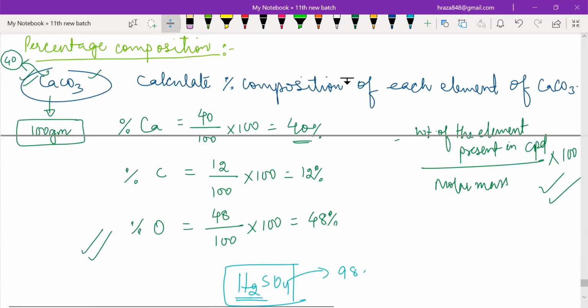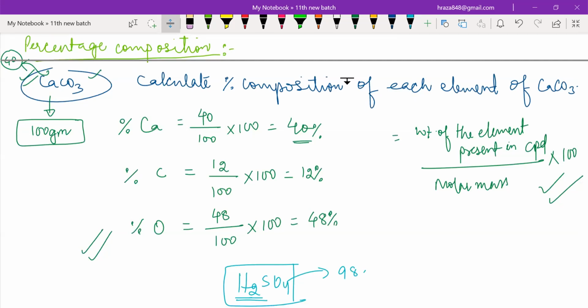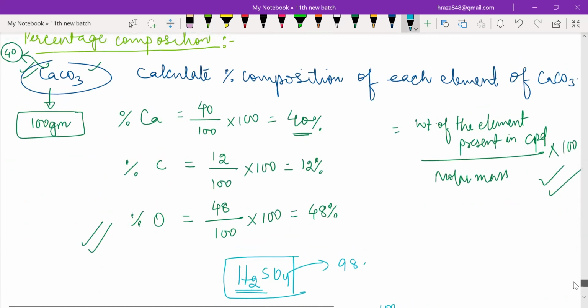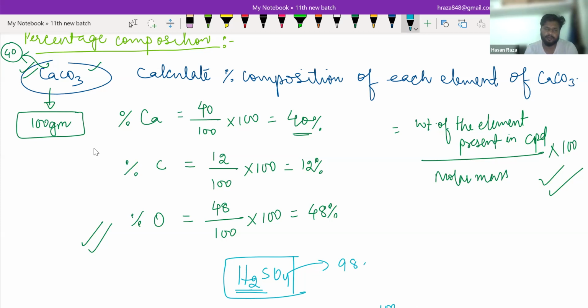This is basically mass percent, because whatever we are doing is in terms of mass: mass percent of calcium, mass percent of carbon, mass percent of oxygen.